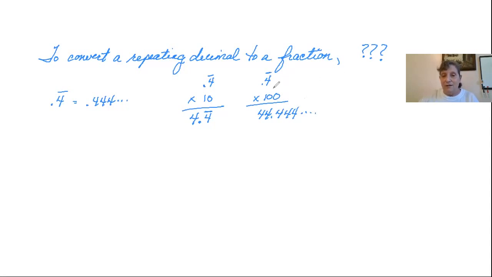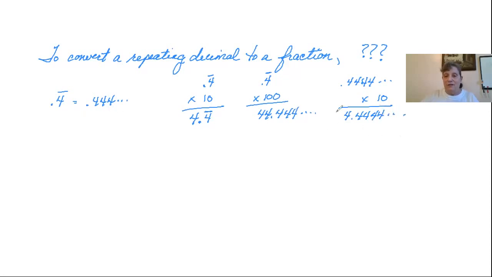So you can write this as 0.4444 dot dot dot if you want. So if I take this, 0.44444 dot dot dot, and I multiply by 10, now I get 4.44444 dot dot dot.